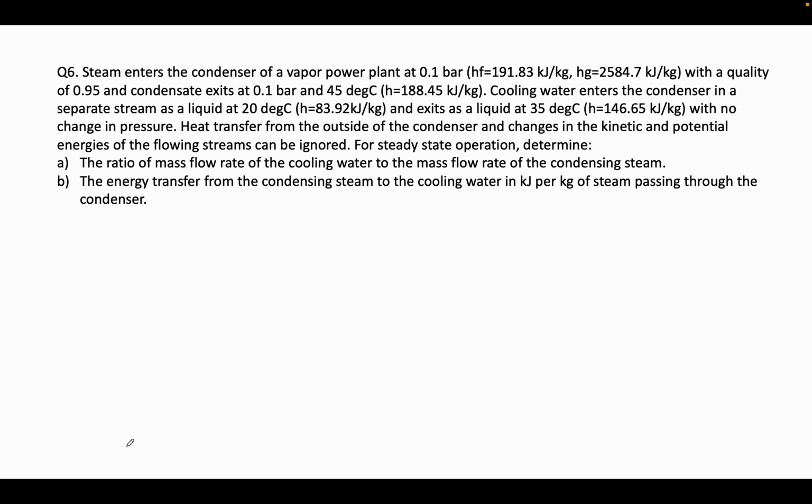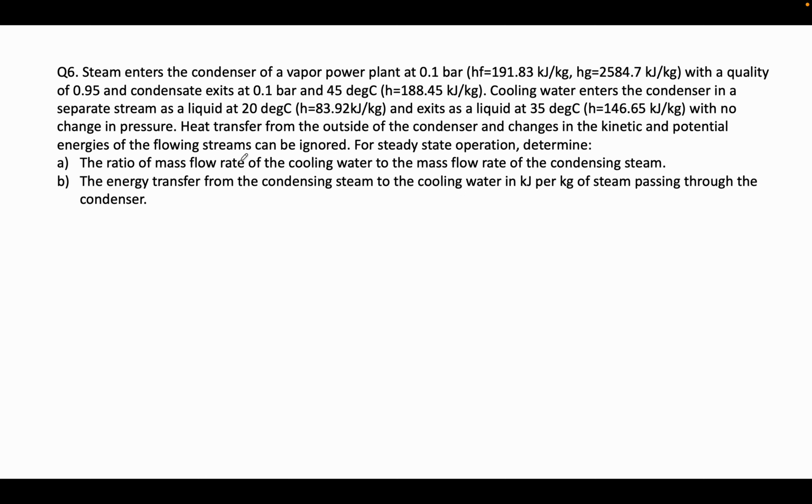Now, steam enters the condenser of a vapor power plant at 0.1 bar. Once again, hf at 0.1 bar is given as 191.83 kilojoule per kg. hg at 0.1 bar is given as 2584.7 kilojoule per kg, and quality of the steam is given to us as 0.95, and condensate exits at 0.1 bar and 45 degrees Celsius, where h is given to us as 188.45 kilojoule per kg.